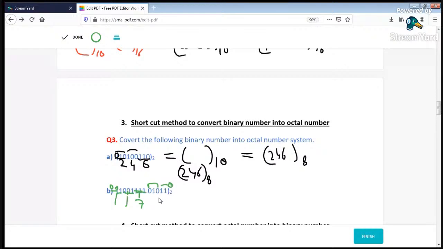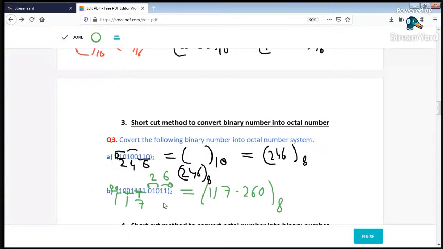So this 010 becomes 2. After 11 you pad an extra 0 to make the size equal to 3 bits. So that time this becomes 110, which is decimal 6. So the answer of this problem will be 117.260. This will be the octal answer.